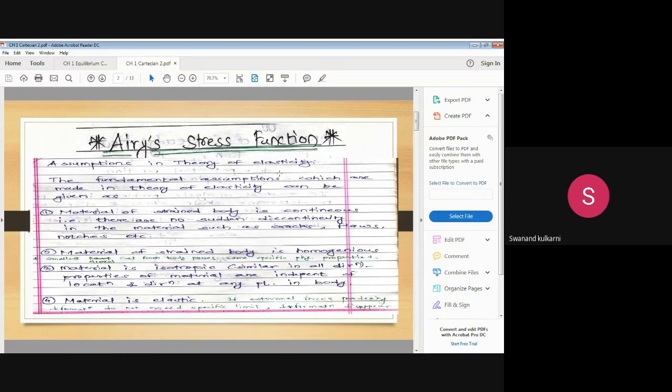So the first point through which we started the concepts of the Cartesian coordinate system was related with the unbalance. Unbalance in two directions we have identified.